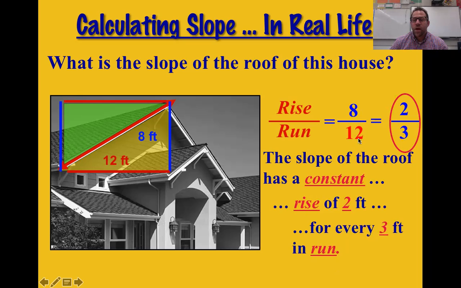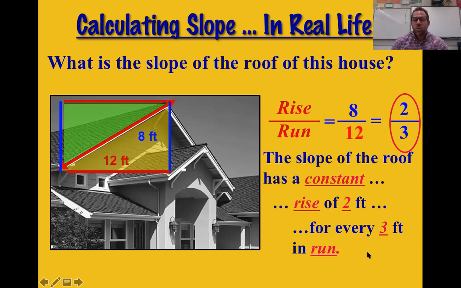Okay, so we took the 8 over 12, a rise of 8 and a run of 12, and we simplified that down to 2 over 3. So it's a rise of 2 feet for every 3 feet of run. Rise 2 feet, run 3 feet.